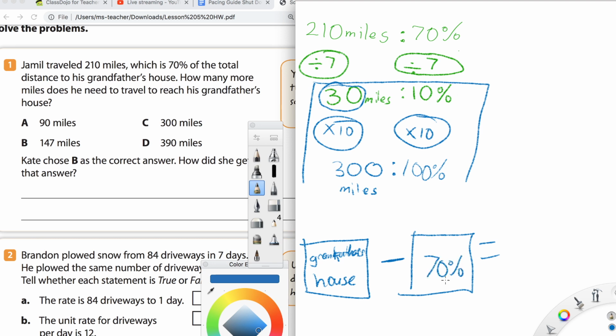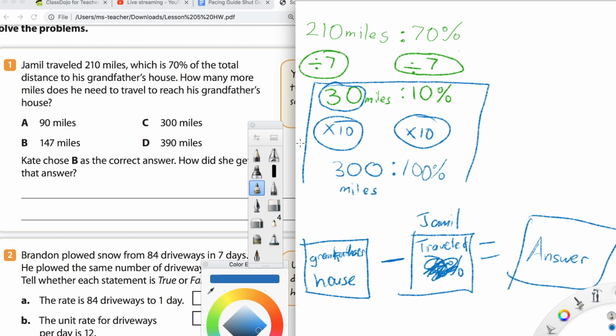How many miles is 70%? This is how much he walked. So you're taking away how much Jamil traveled. I don't want to give you the numbers, but they are here already. So how far the grandfather's house is minus how much Jamil traveled will give you your answer for number 1.